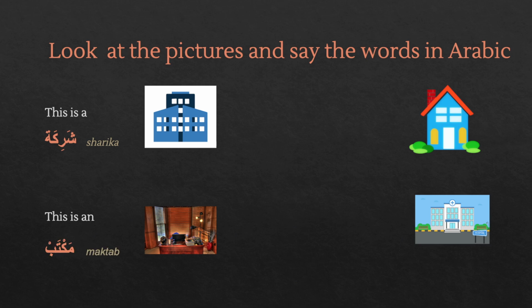Maktab. Okay. This is a house. How do you say a house in Arabic? Bait. There you go. And this one here, we see it says hospital. How do you say hospital in Arabic? Mustashfa. All right.